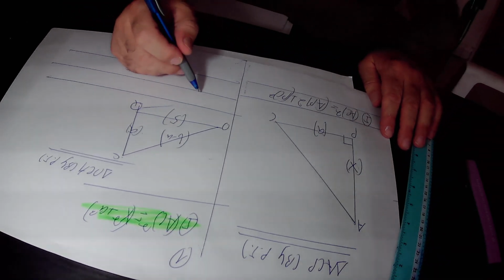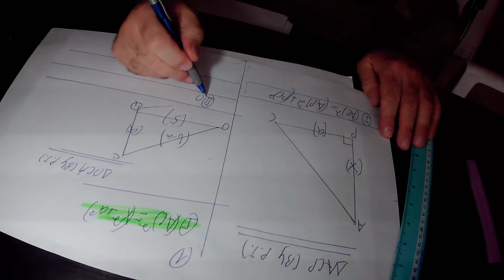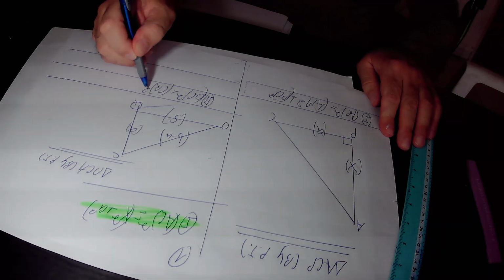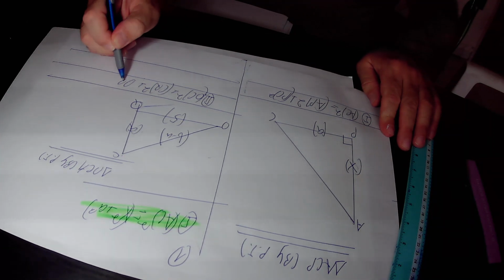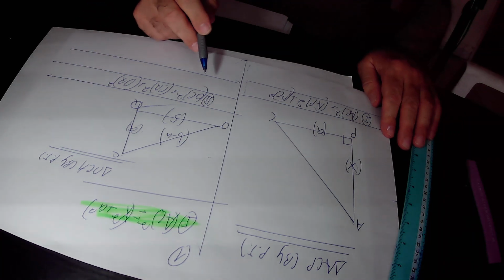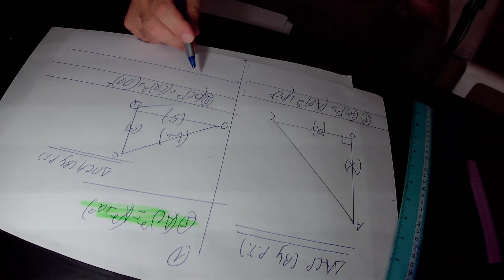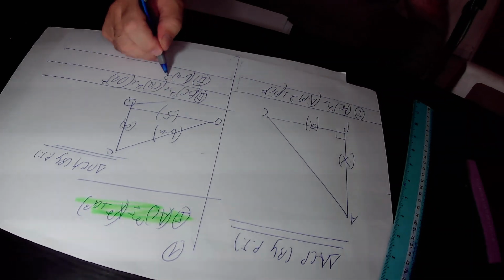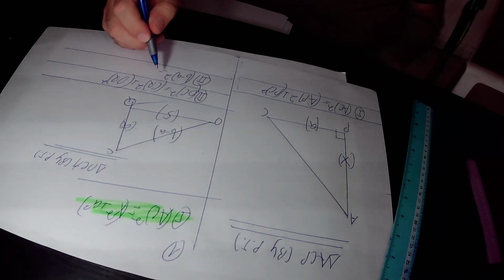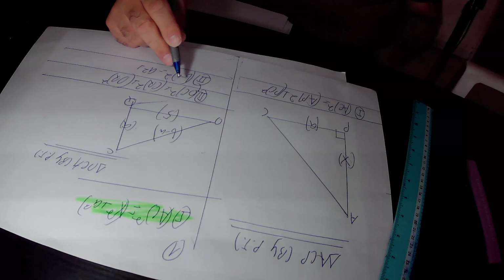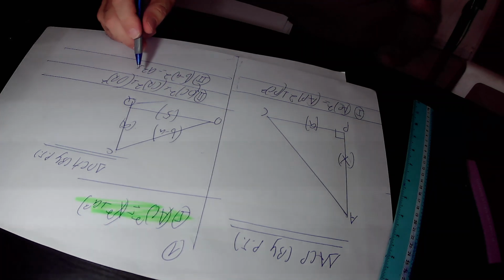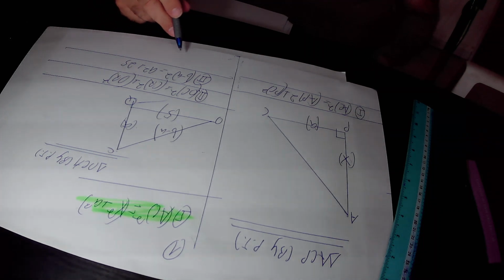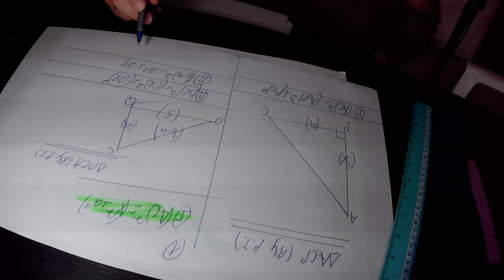OC squared, that is the square of the hypotenuse, is equal to CQ square plus OQ square. The hypotenuse OC is B minus A, therefore OC square is B minus A square. And it is equal to CQ square. CQ is A, therefore CQ square is A square, plus QO square. QO is 5, therefore QO square is 5 squared, that is 25. So in total, according to equation 2, B minus A square equals A square plus 25.